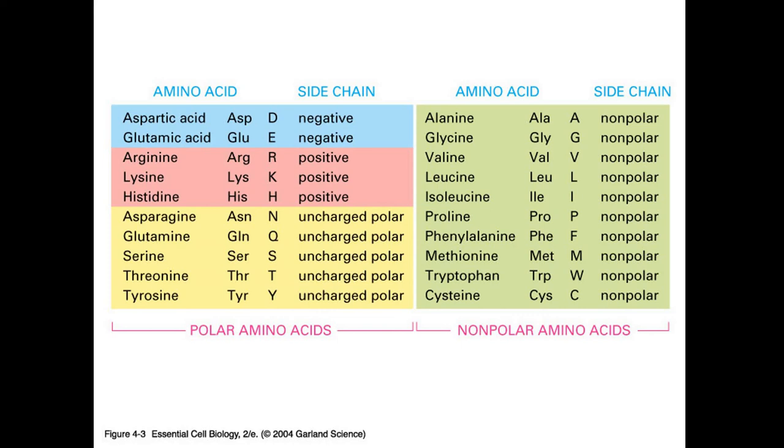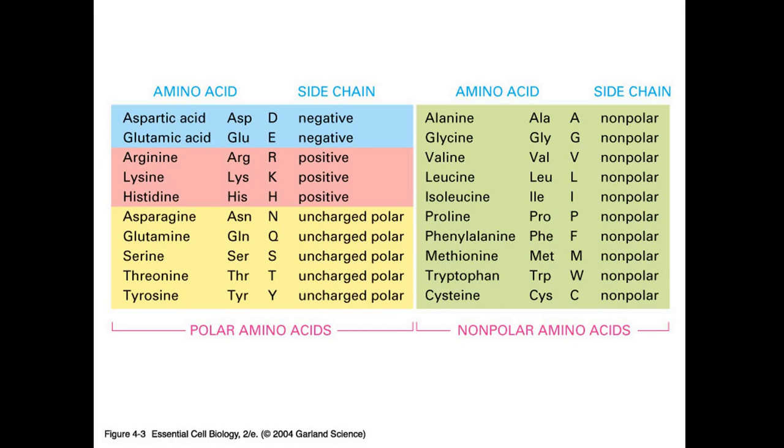Other than the amino acids we have talked about, all are known as polar amino acids. On the left hand side we can see all the polar amino acids. In this group we were talking about the acidic amino acids and basic amino acids.